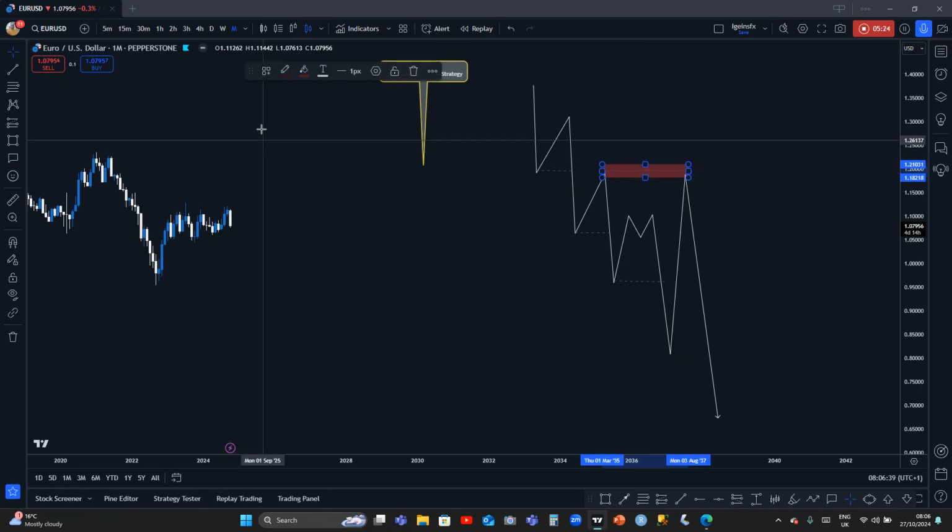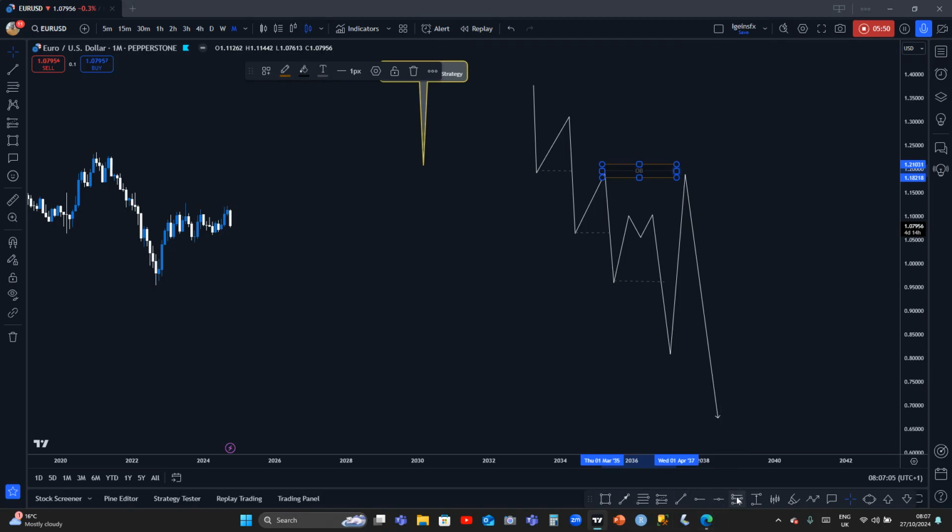Once I've identified it, what I need to do is wait for price action to trade back to this point, interact with it, then I'll now join to push the price down.